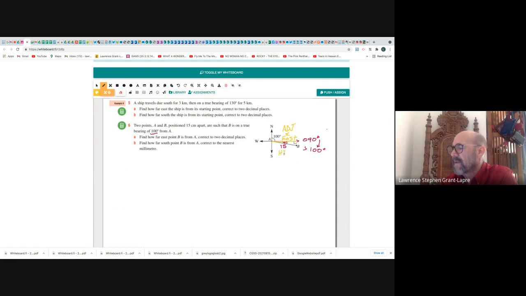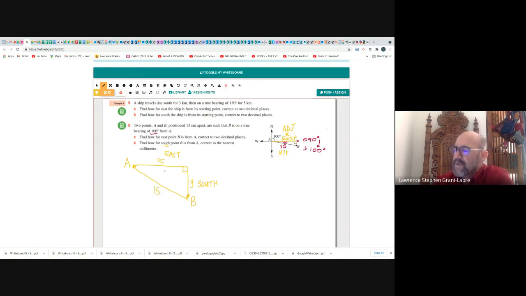Let me draw that triangle a little bit bigger. Looks like this. Along X, how far south is. This is south, is like Y, X is like east. There's point A, here's point B, and the distance from point A to point B is 15, and that's like a hypotenuse.